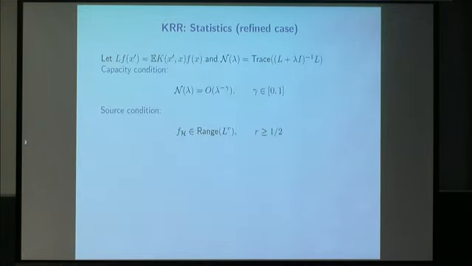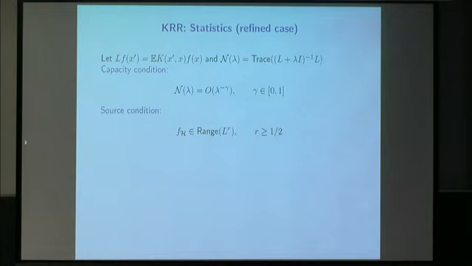You can do better than that by adding refined assumptions. You have seen them already in Lorenzo's talk. Everything is around L, the integral operator associated to the kernel. We define the effective dimension of the kernel. It is, in a sense, a way to measure the effective degrees of freedom of this problem.